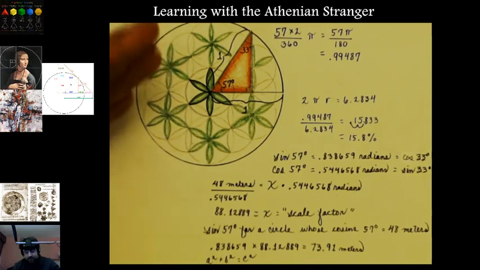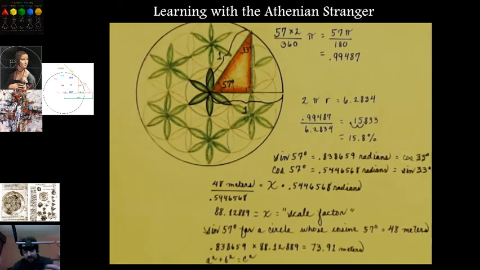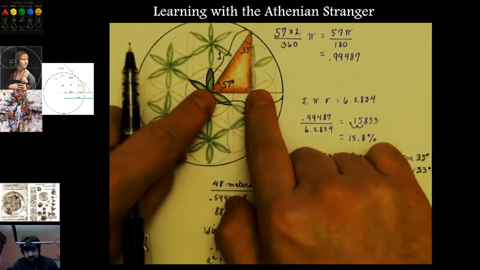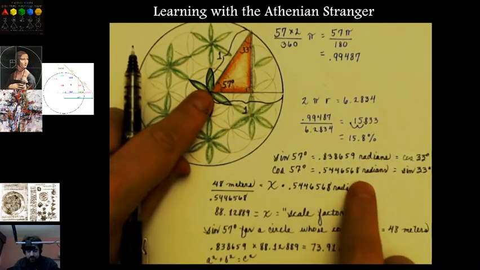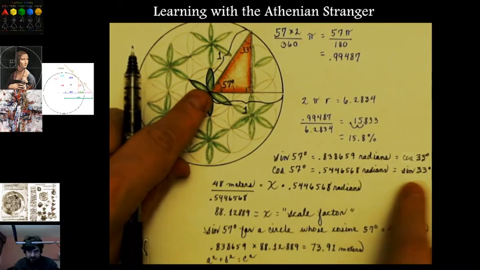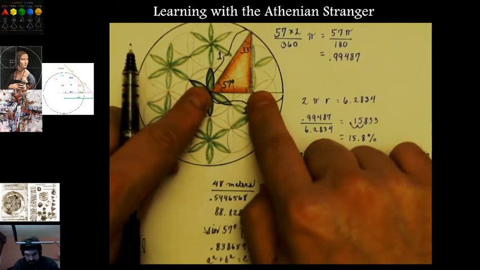Well, if that radius is 1, 88.12889 times that radius should give us the radius for the fully scaled model where this distance isn't 0.544656 radians, but it's 48 meters.